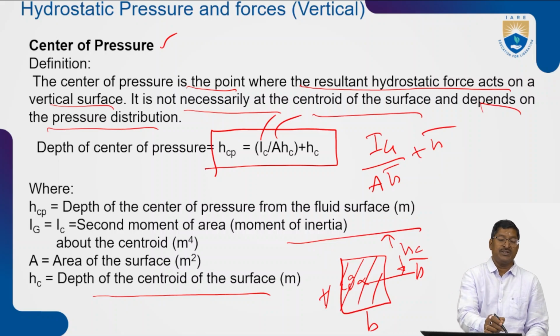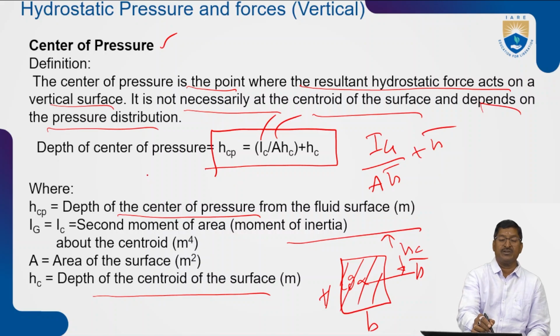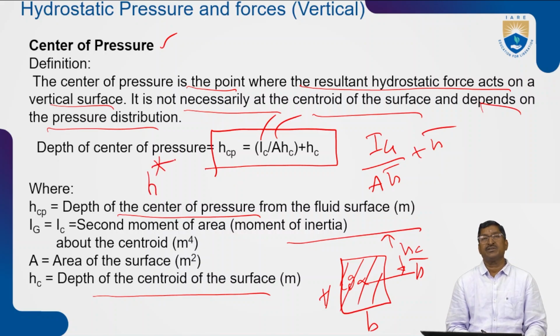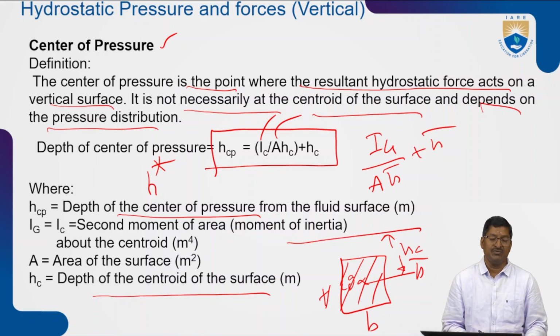HCP is the depth of center of pressure, or in some books it is written as h star. So h star is equal to IC by A HC plus HC, or HCP is equal to IG by A HC plus HC. Here IC and IG are the same, and h star and HCP are the same.